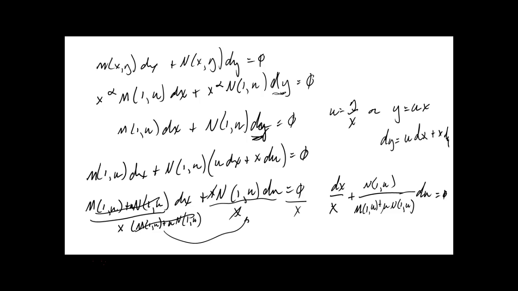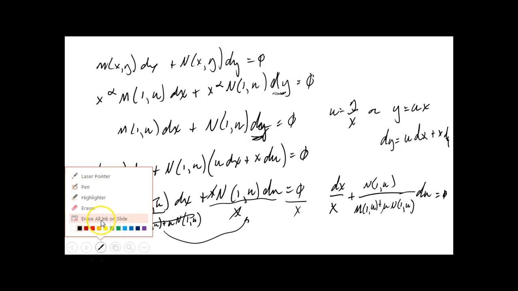Now, let's do example 1. See if we can work through this procedure. And this is called the substitution procedure. So here we have x squared plus y squared dx plus x squared minus xy dy is equal to 0.